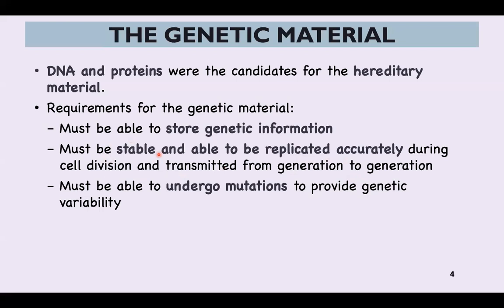There should be nothing unstable, which would contribute to non-disjunction and everything. Another one is it must be able to undergo mutation to provide genetic variability. These are the 3 main points for the requirement of a genetic material.